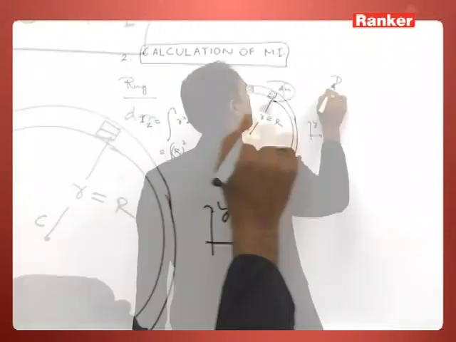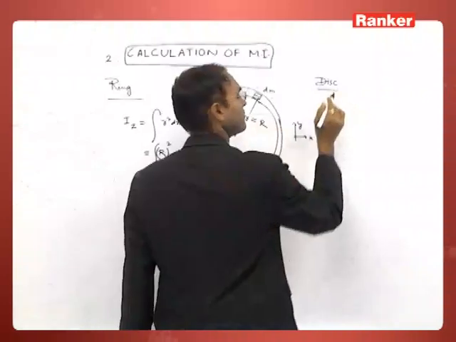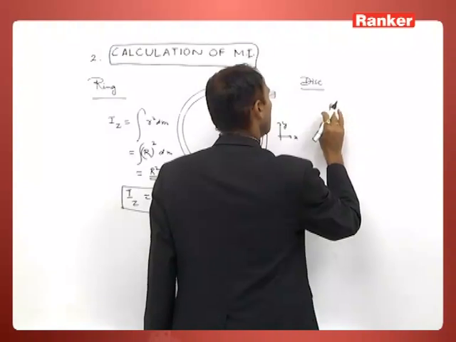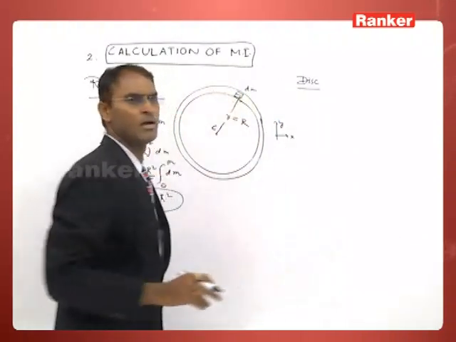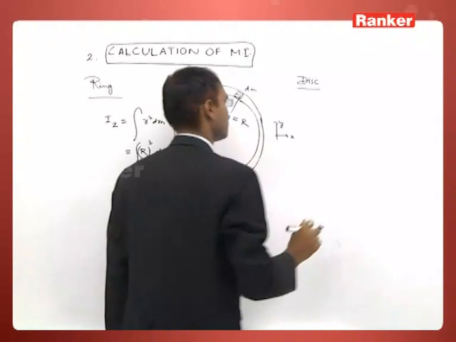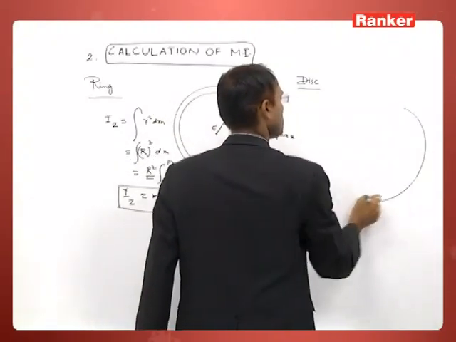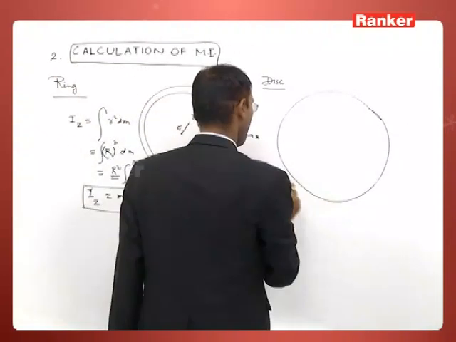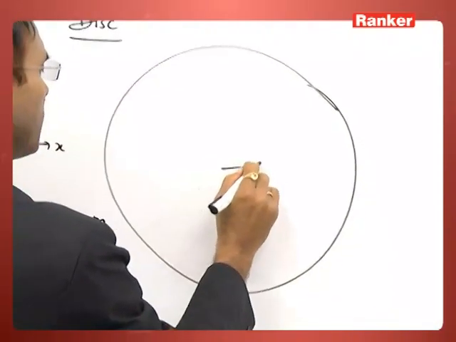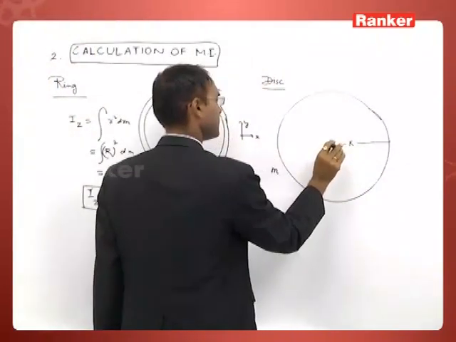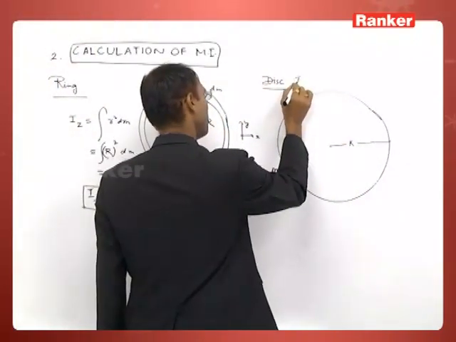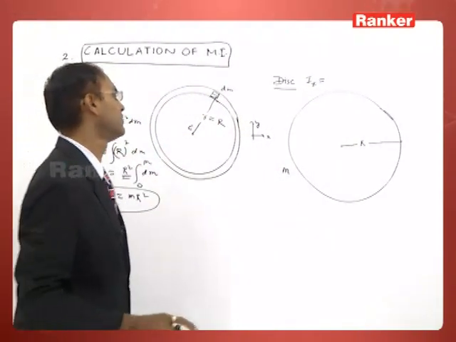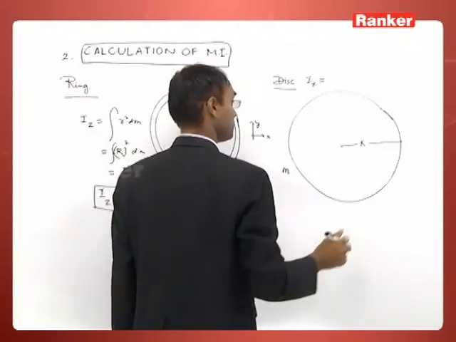Now, let us take the case of a disk. We are discussing the calculation of moment of inertia for uniform objects. The disk has mass M and radius R. This is the z-axis. Find the moment of inertia of the disk about the z-axis.